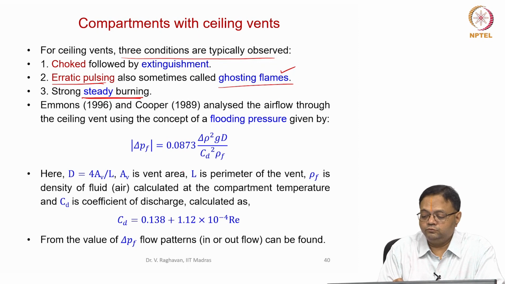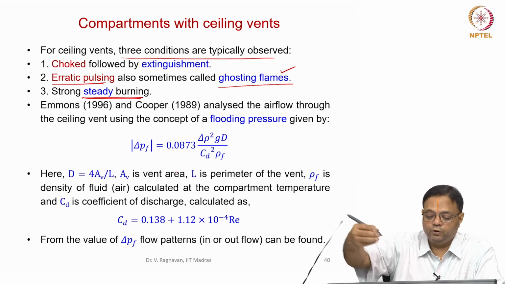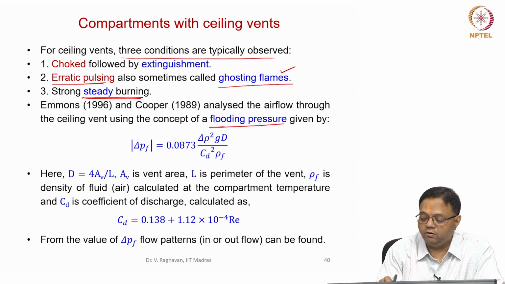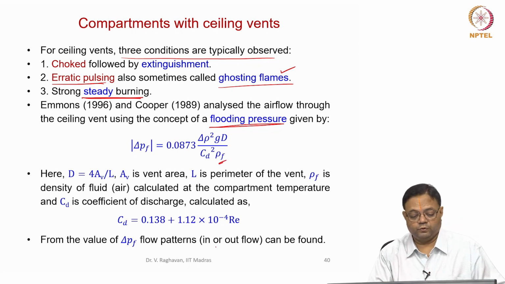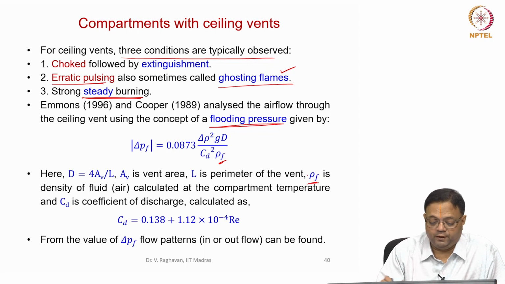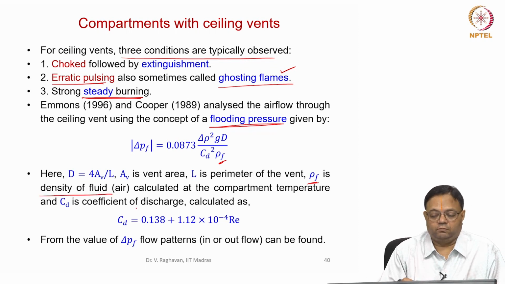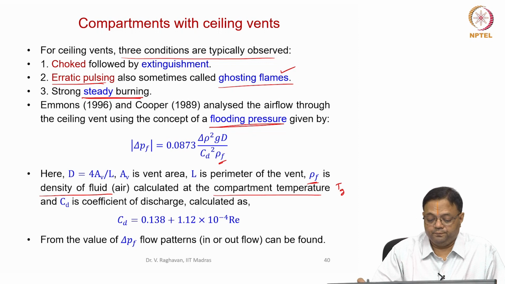Emmons and Cooper analyzed the airflow through a ceiling vent using the concept of what is called flooding pressure. The flooding pressure, delta P_F, is written as 0.0873 times rho squared g D by C_D squared rho_F, where rho_F is the density of the air, calculated at the compartment temperature T, or T_g you can say.